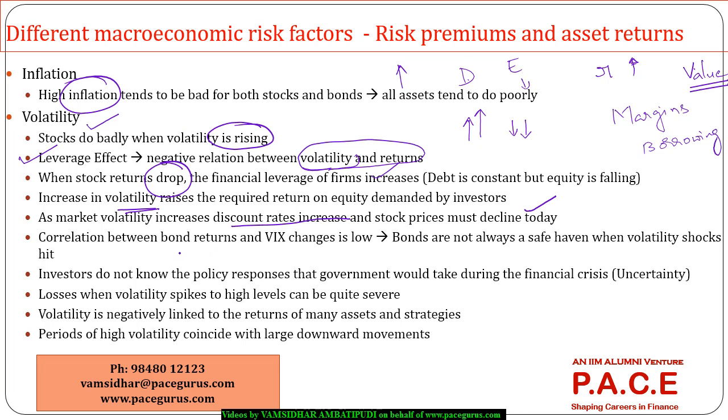Even from the bonds perspective, if you look at bond returns and the volatility index, compared to stocks, this correlation is lesser. It's not that it does not exist. In case of stocks, the correlation of stock returns versus VIX was much higher, whereas when it has been looked at with respect to bonds, it is slightly lesser.